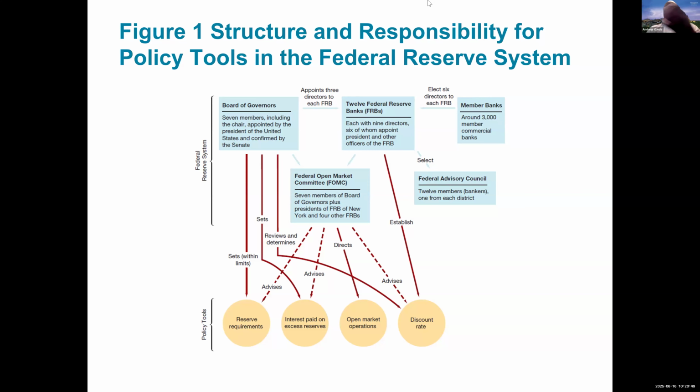We talked about open market operations, which is one of the major tools of monetary policy, like buying and selling of treasury bonds. We talked about the discount rate, which is the interest rate, and I hinted at that in chapter 9 when I was talking about management of financial institutions. We said the discount rate is the interest rate that the Federal Reserve charges banks when banks borrow money from the Fed.